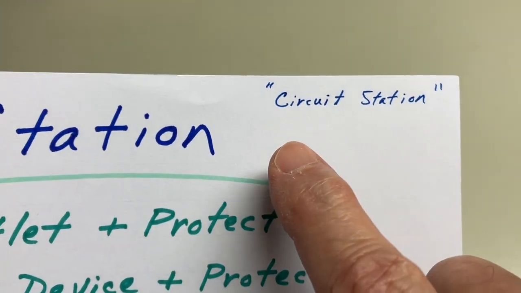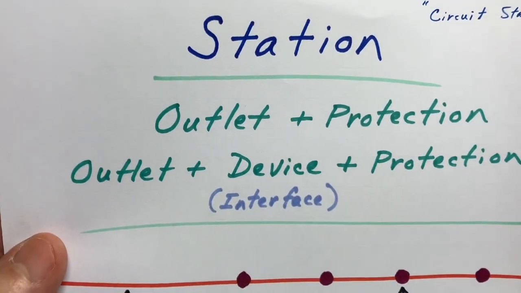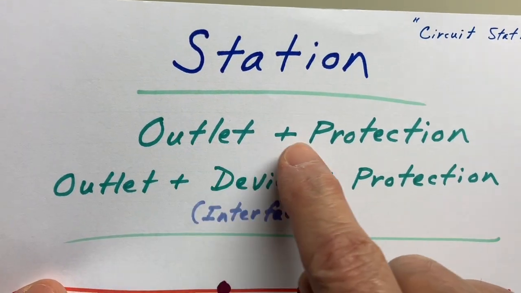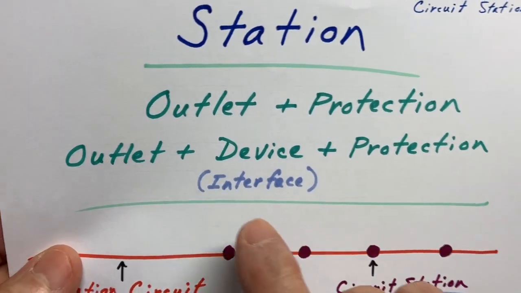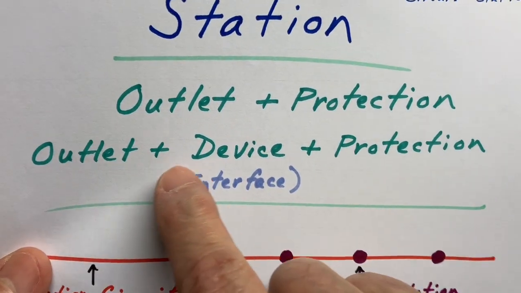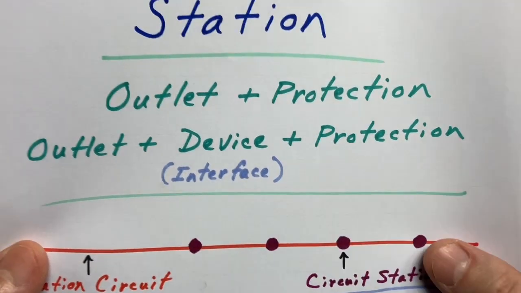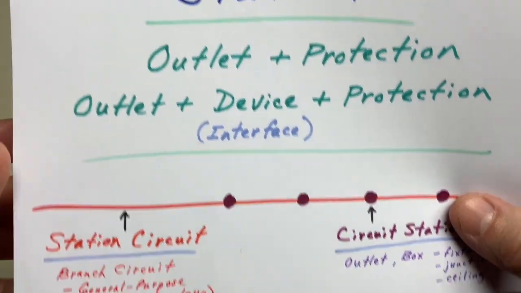The formal name would be circuit station, all right? The station is made up of an outlet plus protection. I talked about that in previous videos. Or an outlet plus a device, which I call an interface, plus protection. So there are 2 different ways to form that station.